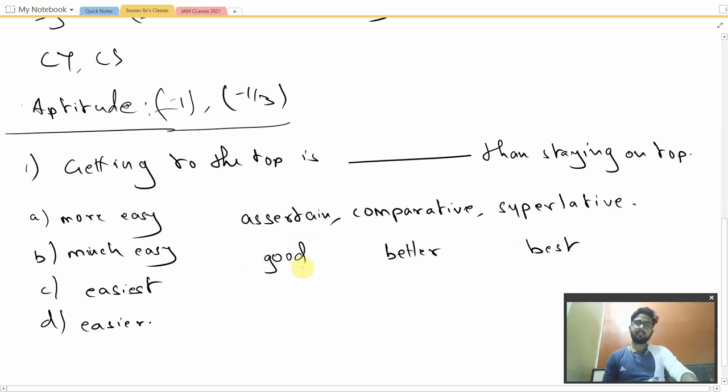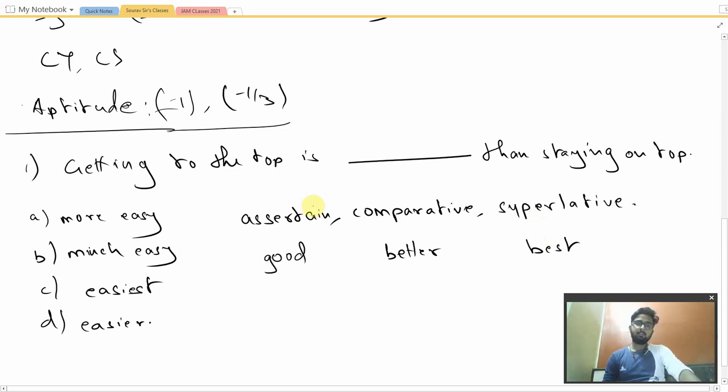Assertion means you are just asserting an adjective. Comparative means you are taking that adjective for some noun and comparing it with another noun. Superlative means you are declaring that this particular thing is the most superior to the rest of the things being considered.